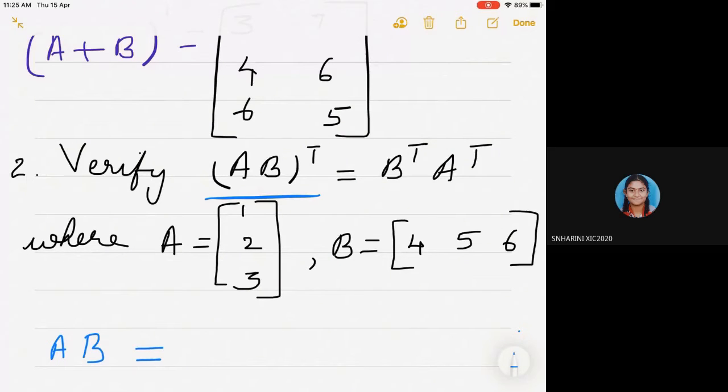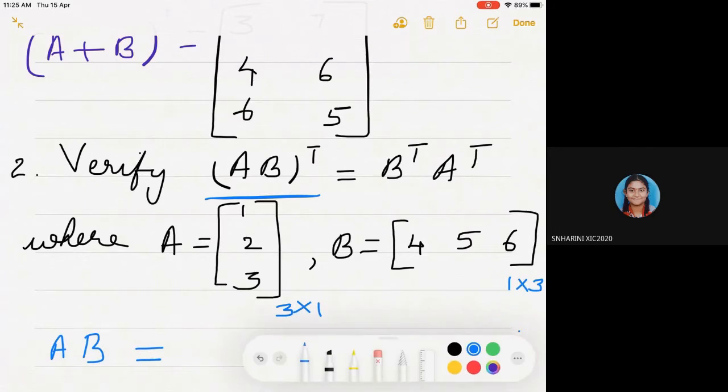And you can see that the order of A and B, whether it is conformable for multiplication. What is the order of A? 3 by 1. You always count the number of rows first. So A has got 3 rows and 1 column. So it is 3 by 1. The order of B is 1 row and 3 columns.